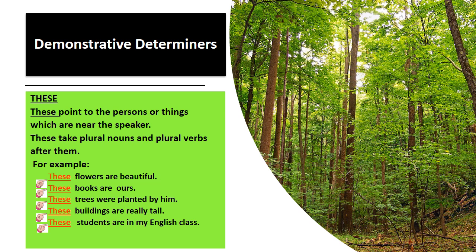So these is used for plural and the things which are near the speaker. For example, these flowers are beautiful. These books are ours. These trees were planted by him. These buildings are really tall. These students are in my English class.